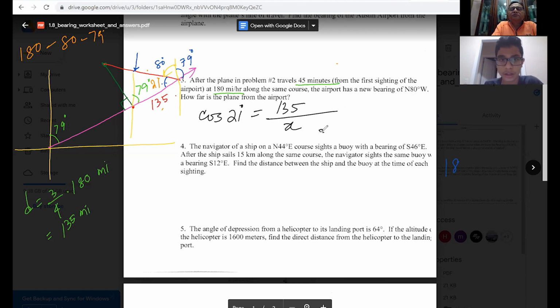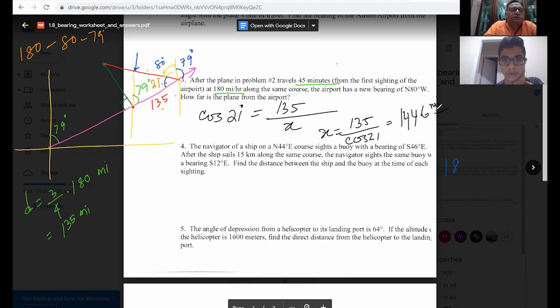So x is equal to 135 over cos of 21. How much do you get? 144.6. Correct. So that is how you're going to find the answer. Is that clear to you?